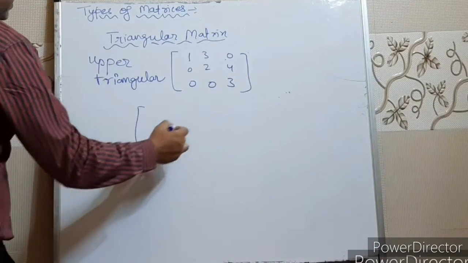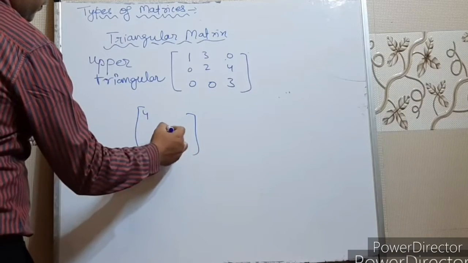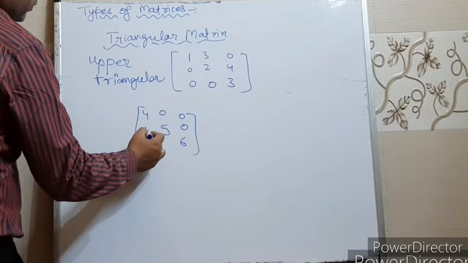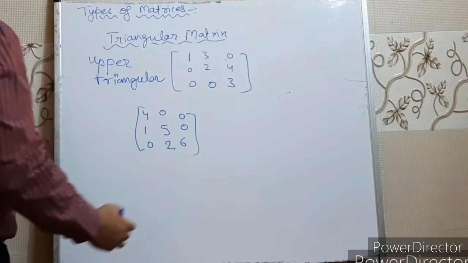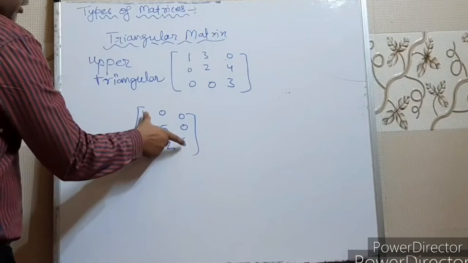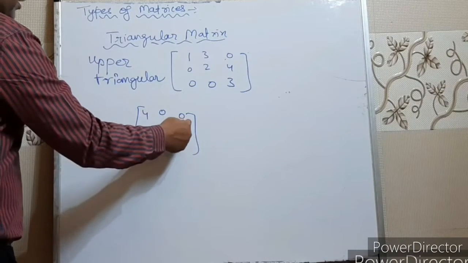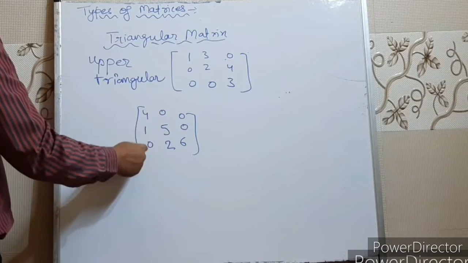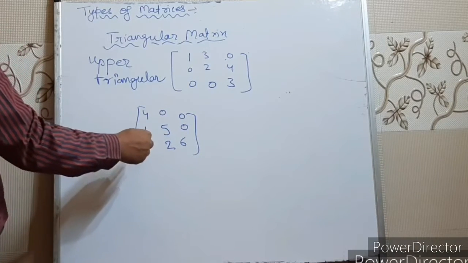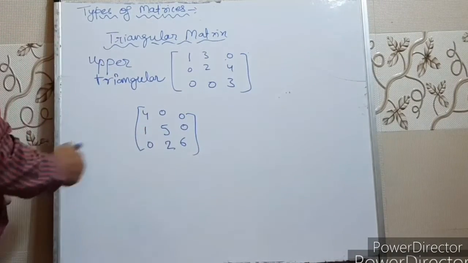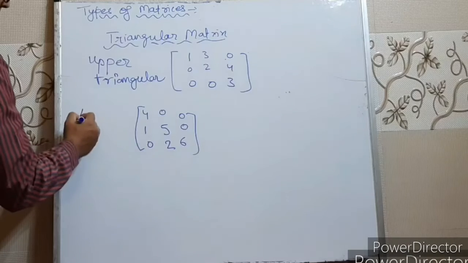And if we take a matrix, say 4, 5, 6, 0, 0, 0, 1, 0, 2, here you can see this is the principal diagonal and all the elements above the principal diagonal are 0, and below the principal diagonal the elements are non-zero. So when all the elements above the principal diagonal become 0, this will be called a lower triangular matrix.